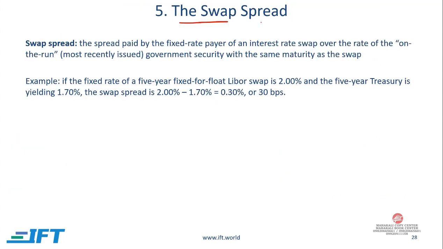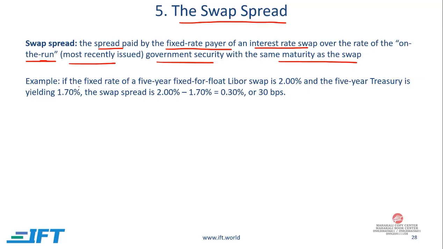Moving now to the swap spread. The swap spread is the spread paid by the fixed rate payer of an interest rate swap over the rate of the on-the-run, which means most recently issued, government security with the same maturity as the swap.